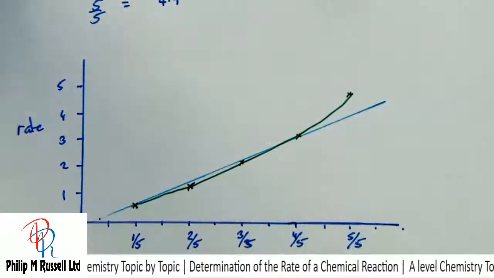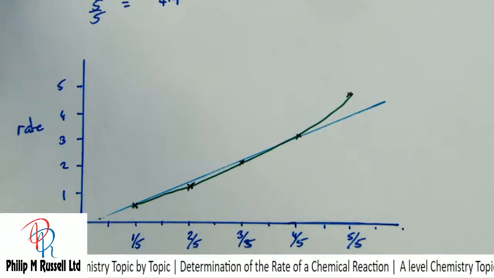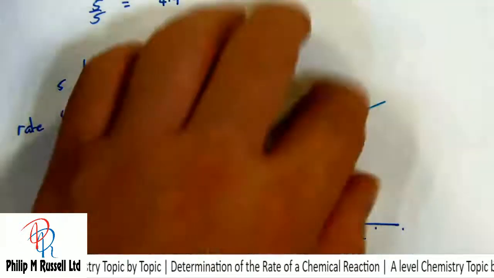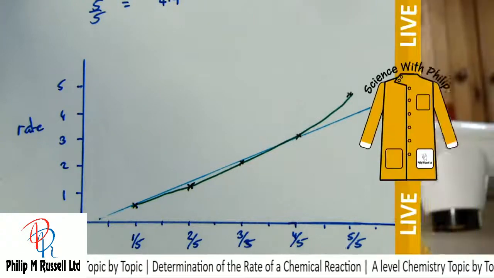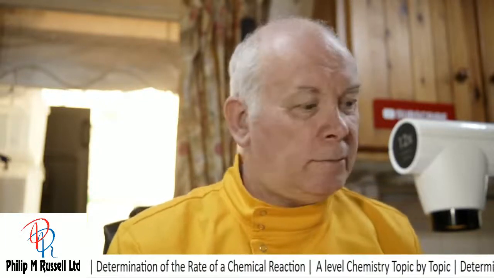How can I tell better what's going on? Because curves are notoriously difficult to have a look at in science, and in fact what we can do is we can try and work out these in a better way, and that is by logging the data.